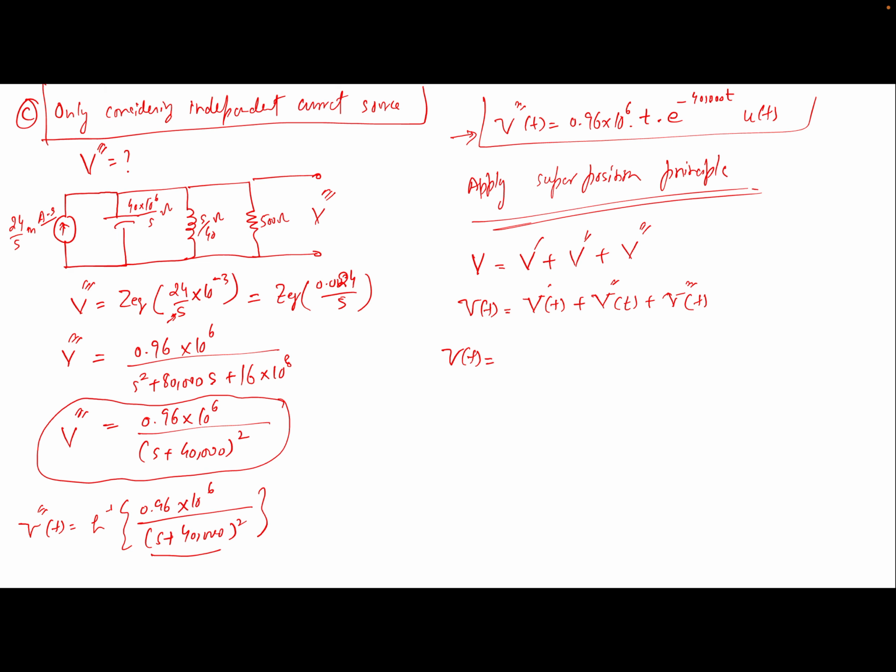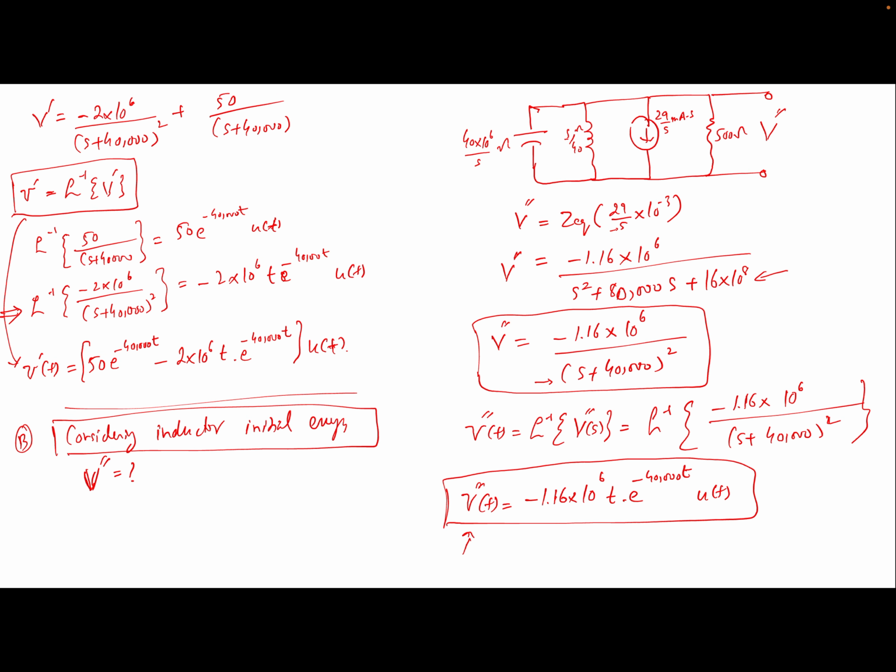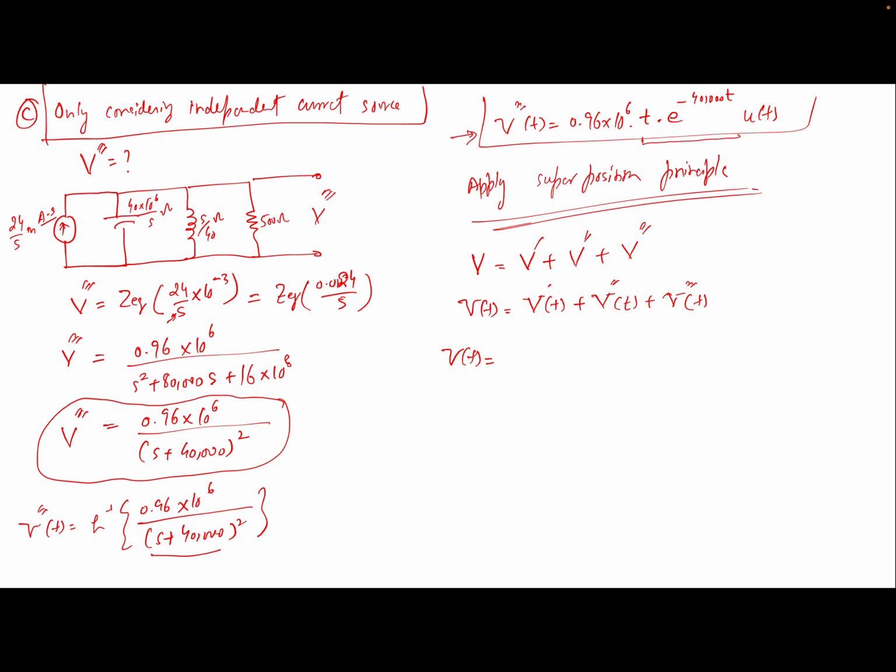One of them is t times e raised to the minus 40,000 t with a constant, and the others are similar terms with a constant. So I'm going to combine these three terms together, and 50 e raised to the minus 40,000 t separate, right?